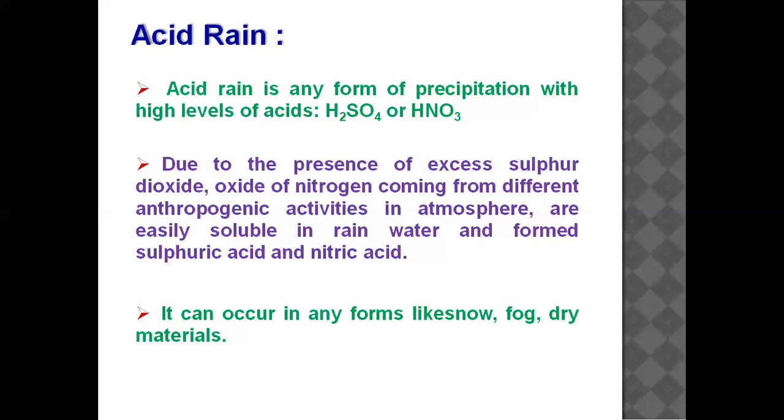Now, most of the acid rain is caused by human activities. When we people are burning fossil fuels, sulfur dioxide and nitrogen oxides are released into the atmosphere.